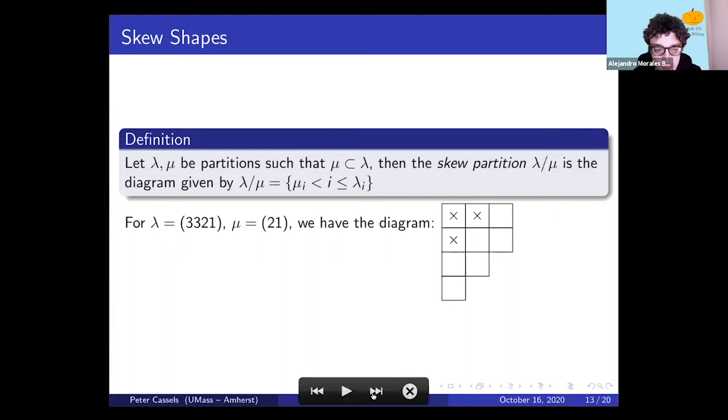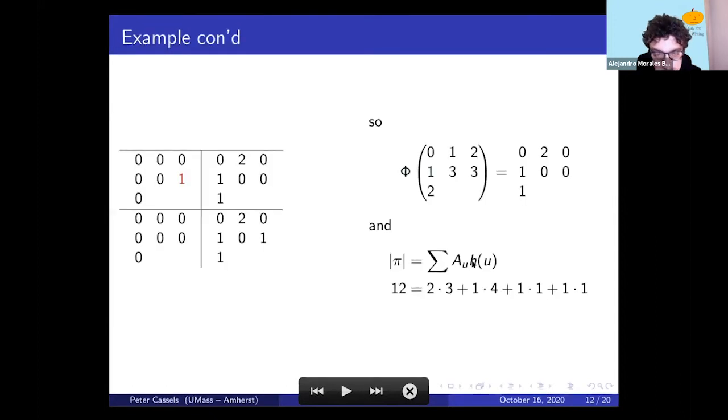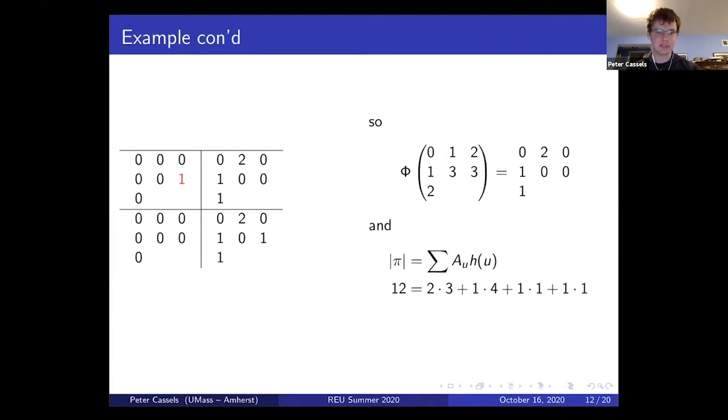So sorry, Peter, could you repeat again why the weight is the same? So how do you compute the right-hand side? The right-hand side would be the sum over u of the entries times their hook length, which we preserve in each step.